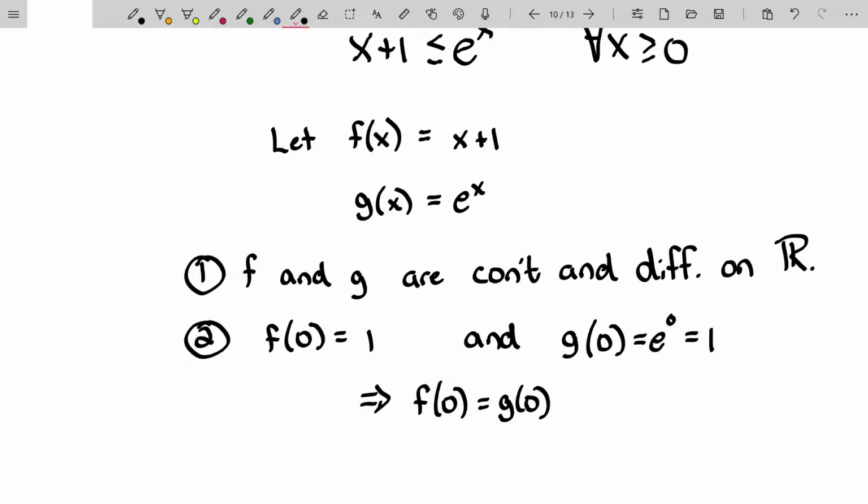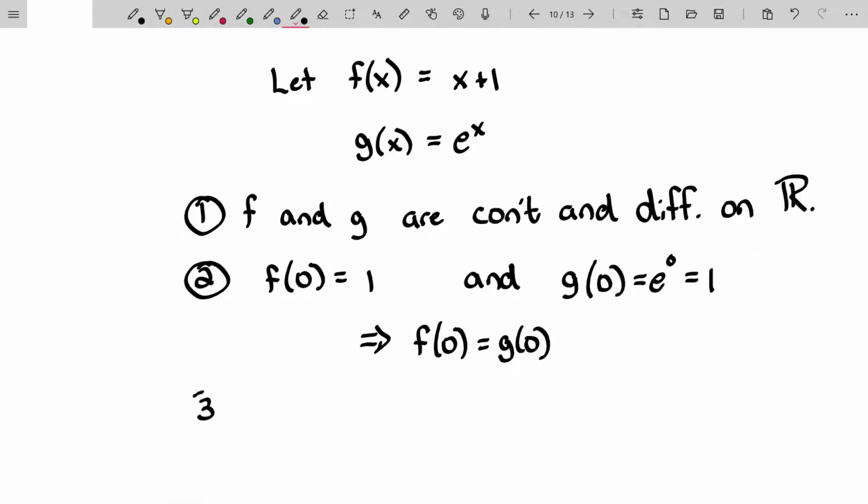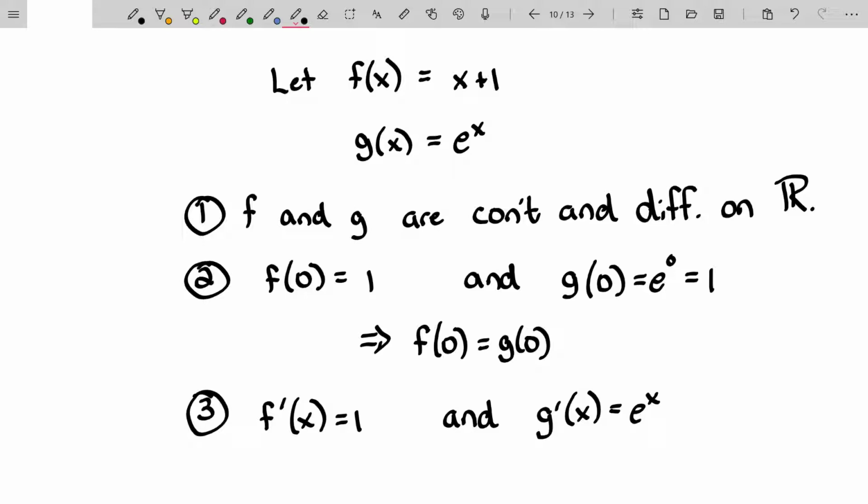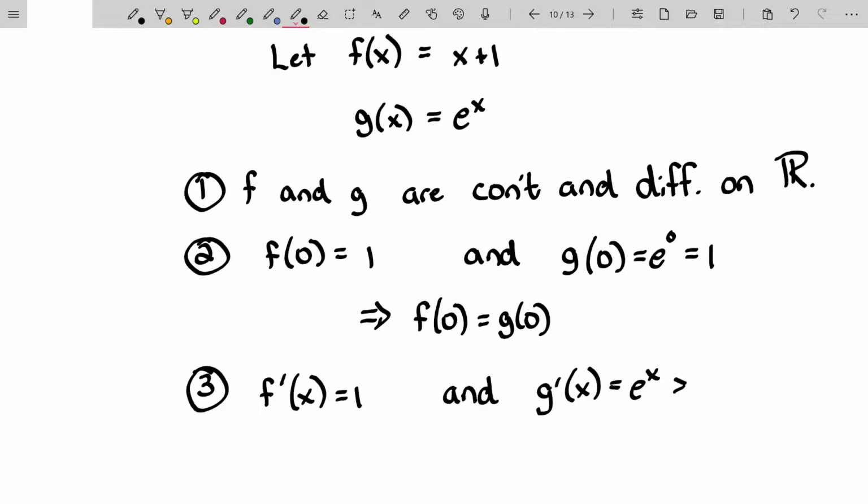So that's the second condition. The third condition, f prime of x is 1 and g prime of x is equal to e to the x. Now, this is greater than or equal to 1 for all x greater than or equal to 0.